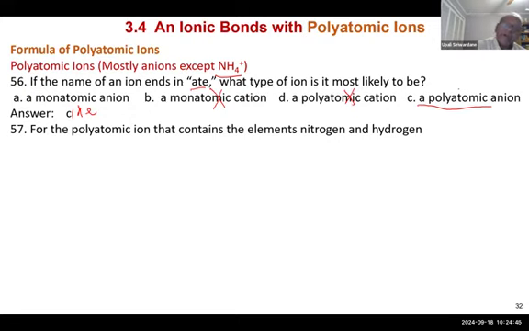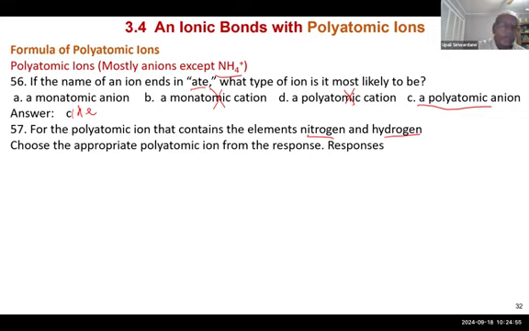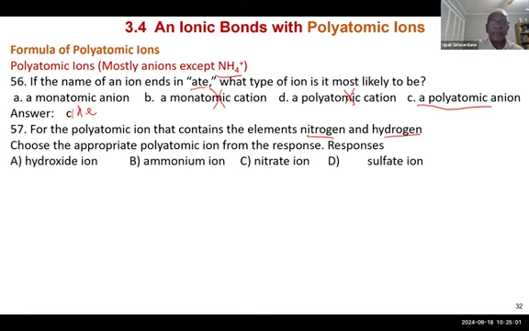For the polyatomic ion that contains the elements nitrogen and hydrogen, choose the appropriate polyatomic ion from the responses. This is nitrogen, this is OH, -1.